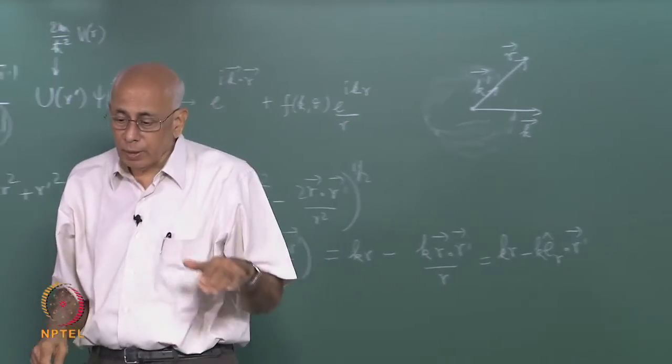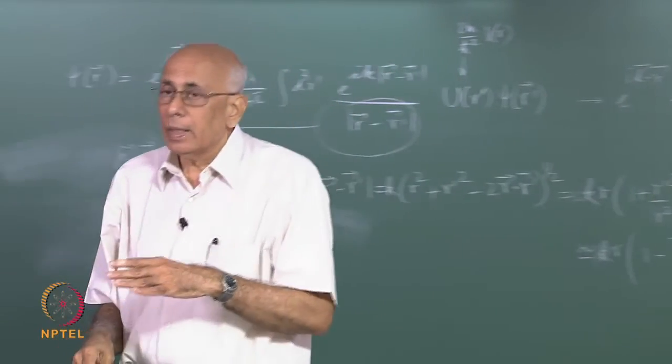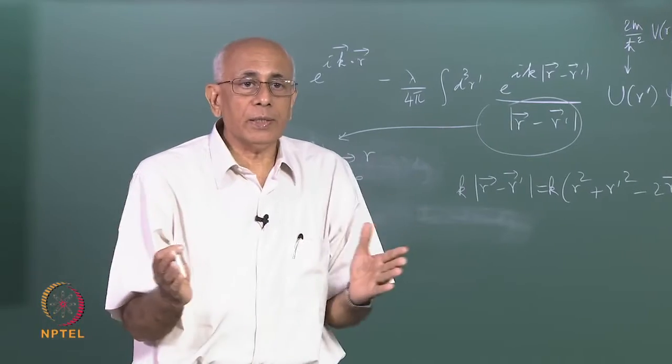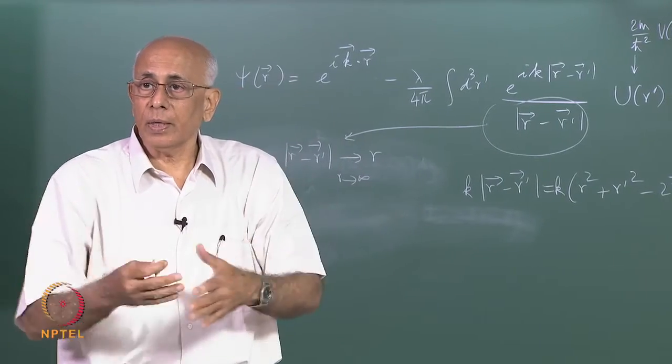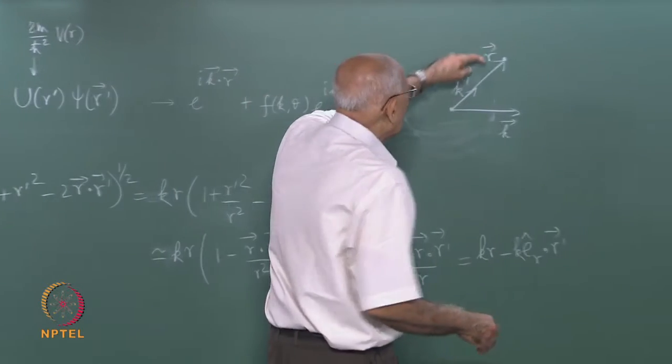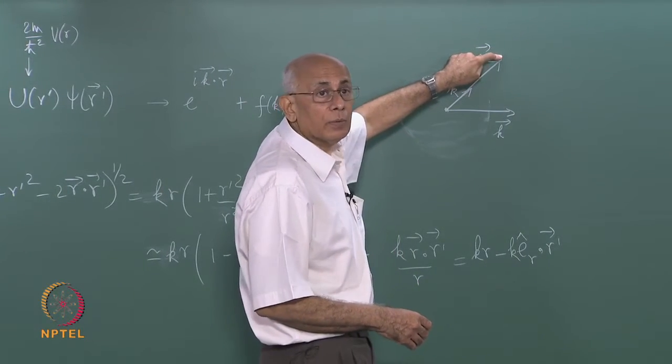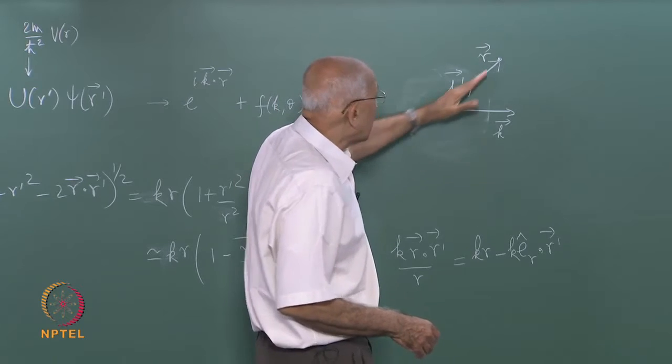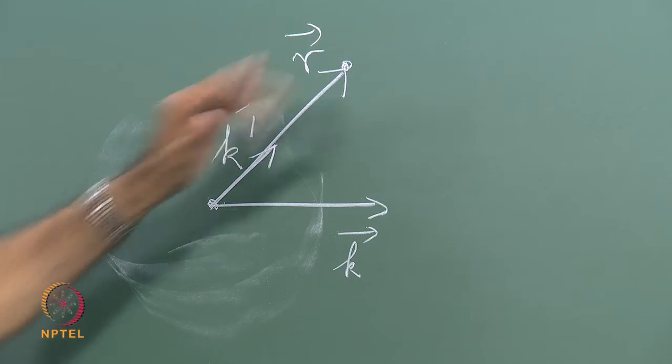Remember that the initial momentum was h cross k, and the final momentum depends on the direction you are looking at. There is flux in all directions. So this is the direction along which you are looking for the wave function, and that is the direction of say k prime here.